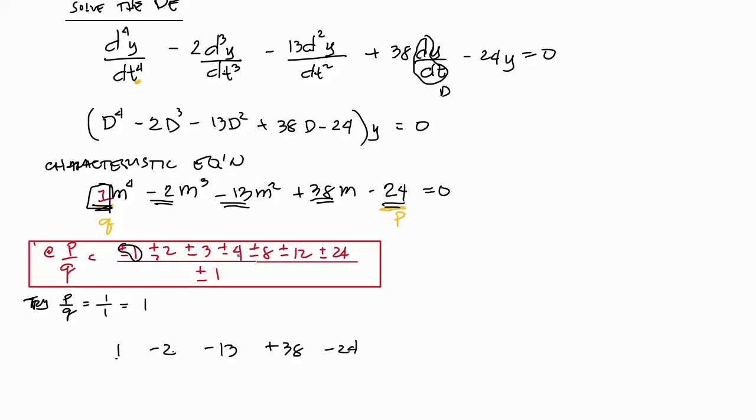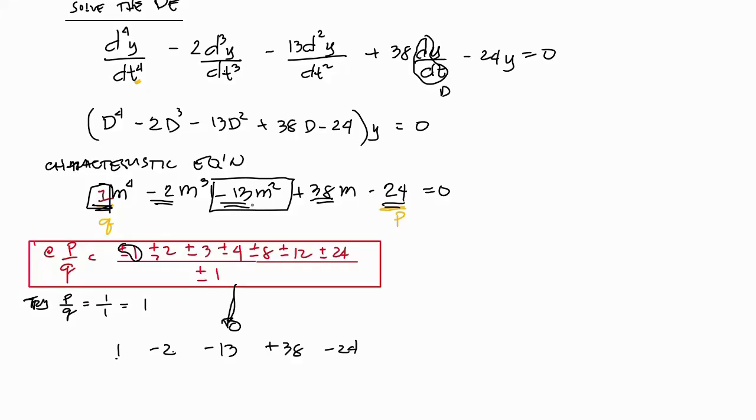By the way, in case we have a set where, for example, this part is 0, then instead of negative 13 you need to write down 0 to complete the set from 4, 3, 2, 1, and 0.